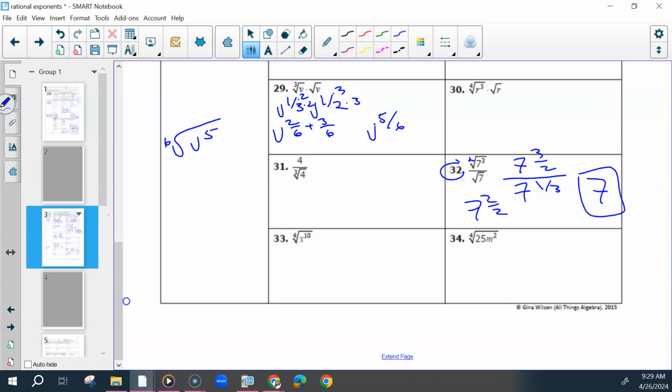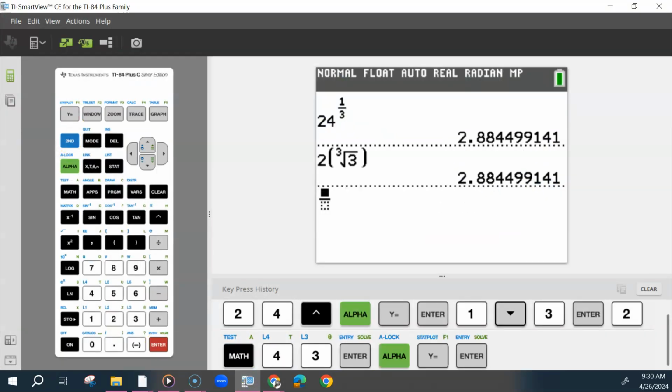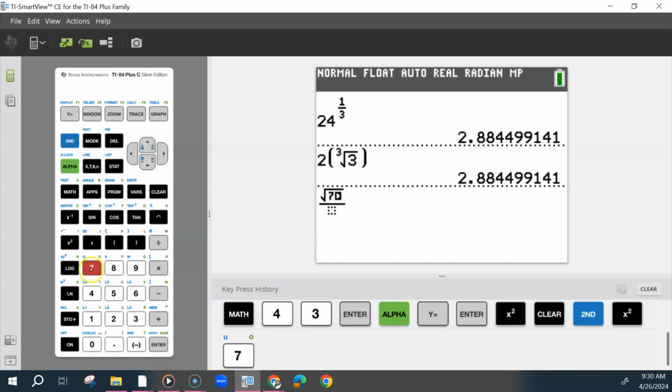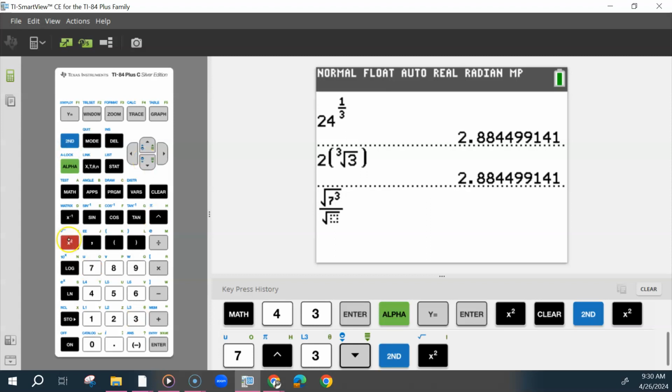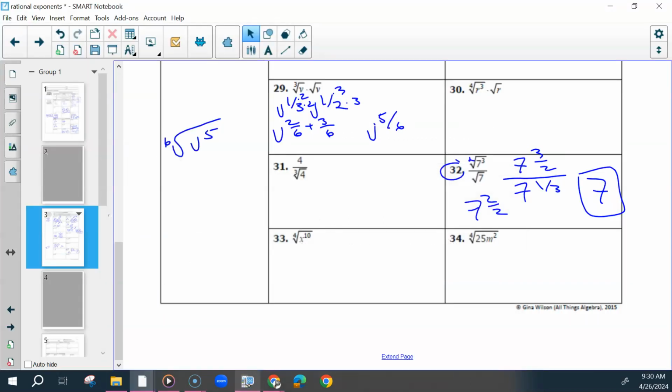I am going to put this one into the calculator so you can see that it works. Are there any others we want to see to go over in 30 through 34?